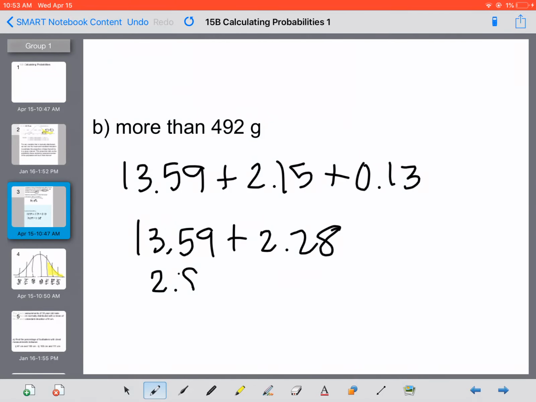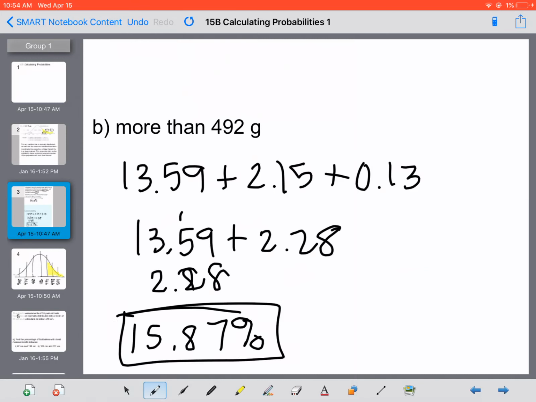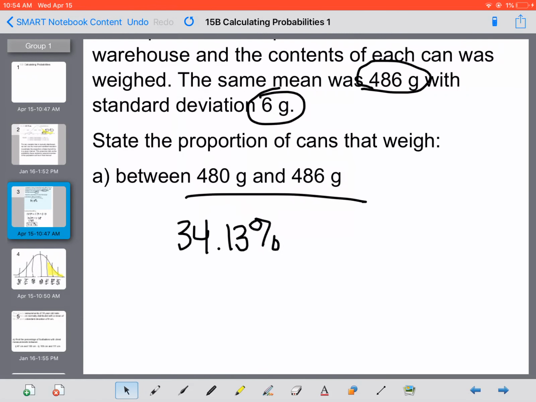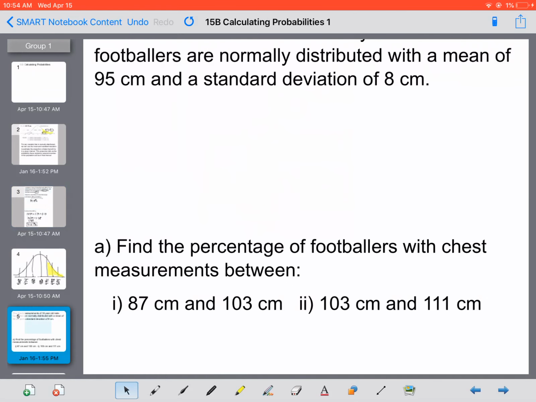So if we add, 15.87% is going to be more than 492. And then, do we have any more? Nope, that's it for that one. So all we're doing is we're looking at where we are on that normal distribution curve and adding those percentages together. So let's look at another problem.